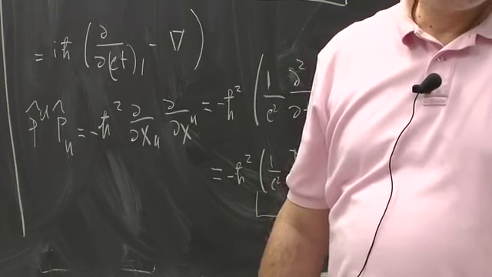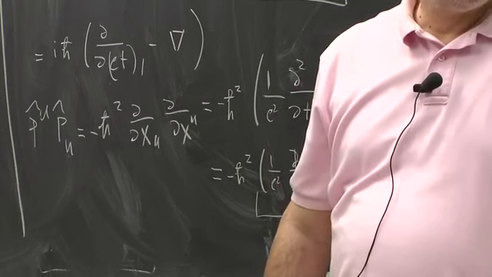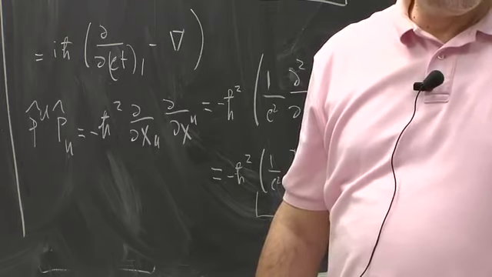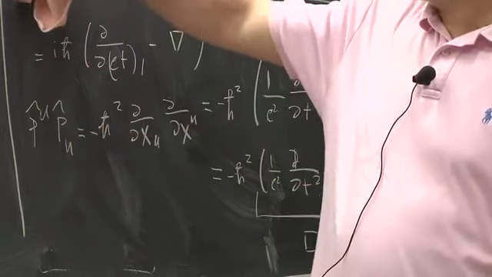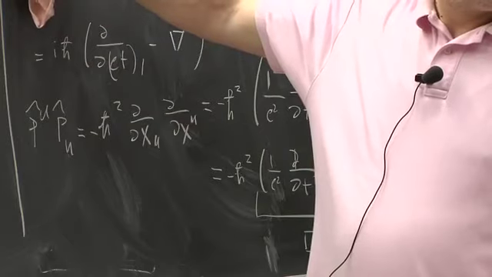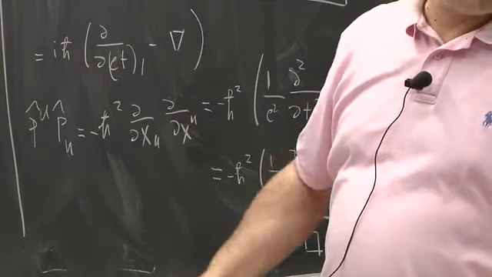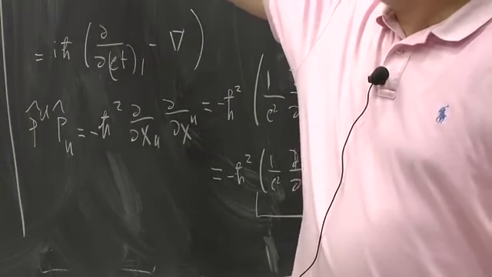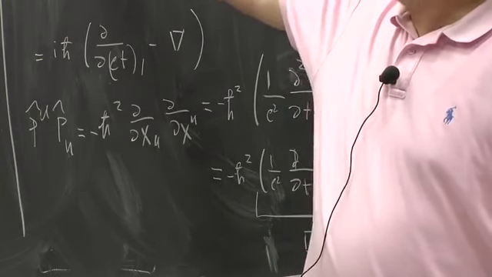Previously, we defined momentum as dx by d tau, where tau is the proper time. Right, but that is a c-number. This is an operator. So, I mean, this is a definition of an operator. It has nothing to do with the P mu that we defined as dx d tau.